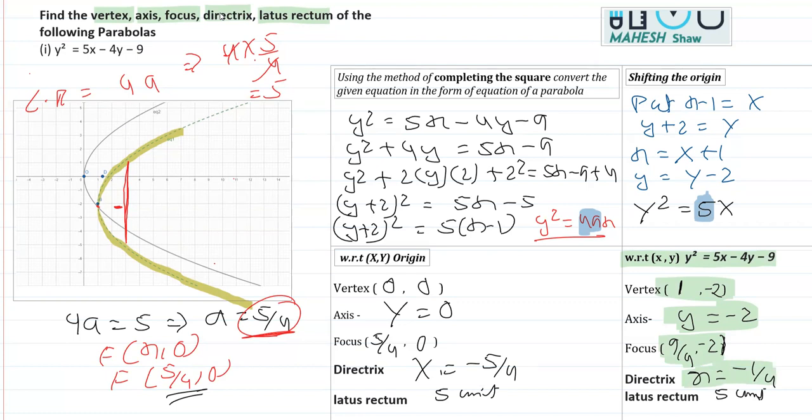You can even modify this into the standard form. On transposing x to the left, it's going to be 4x, and transposing the minus 1, this should be the final answer. We always write the equation in the standard form, so this should be the equation of directrix. And finally, the latus rectum, which I said is not going to change, will remain the same in both cases.